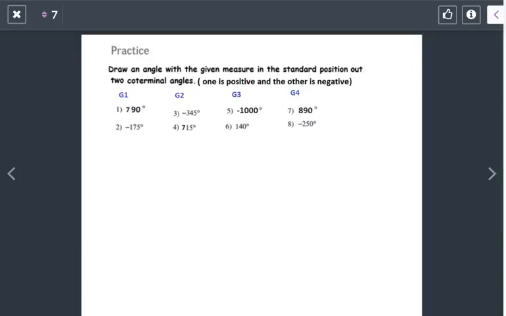Let me give you one more example, like 890 degree. First of all, 890 degree is greater than 360, so you need to subtract 360 first. Then you will get 530 degree.